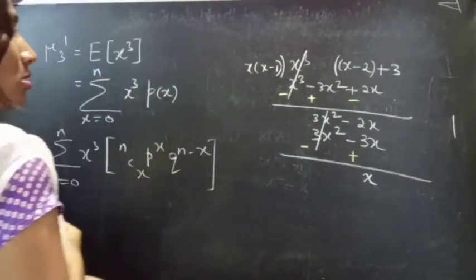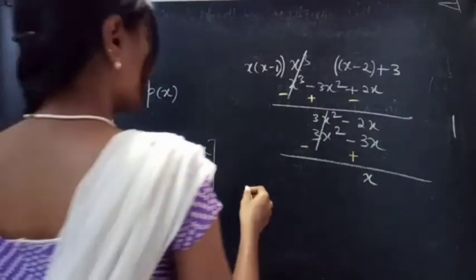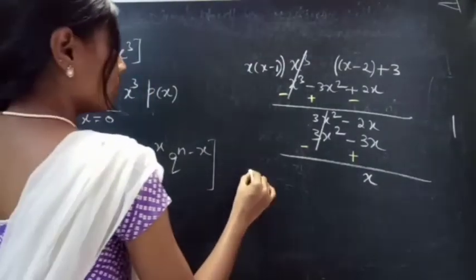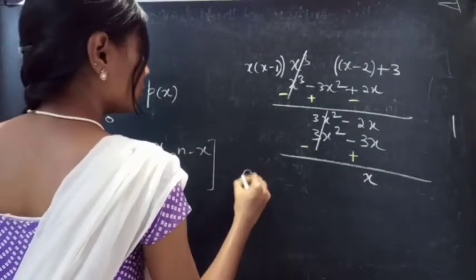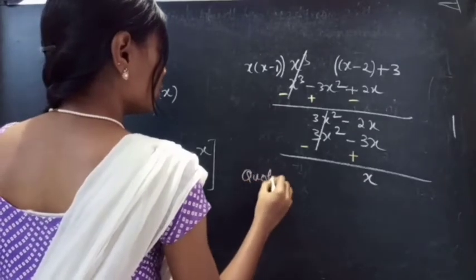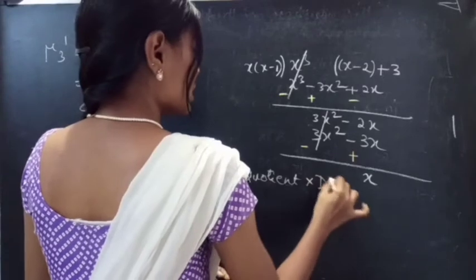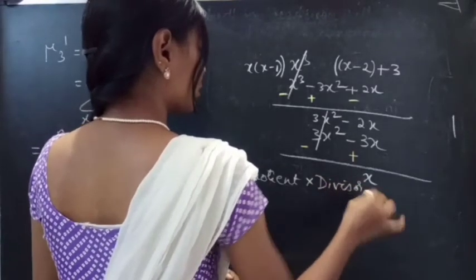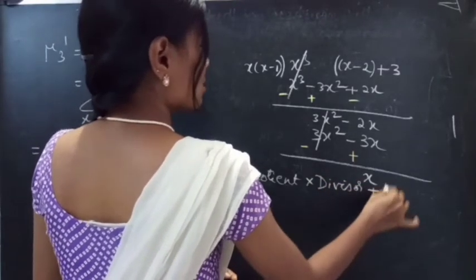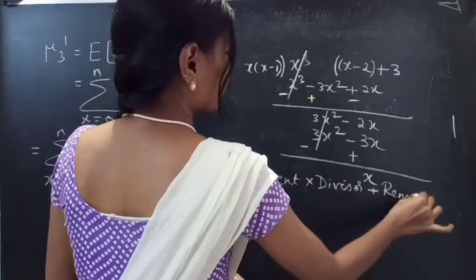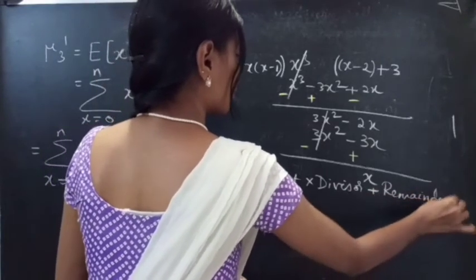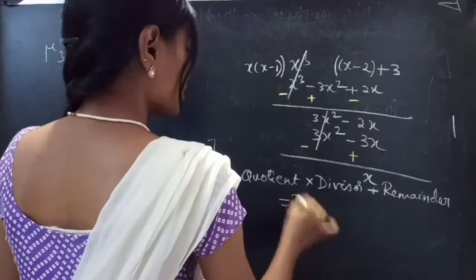Here we use the algorithm: quotient into divisor plus remainder is equal to dividend.